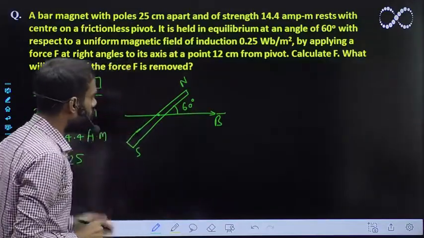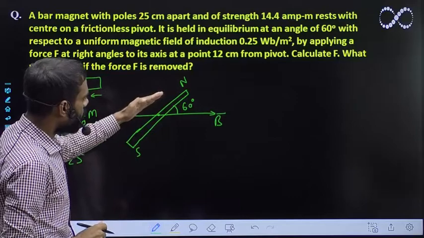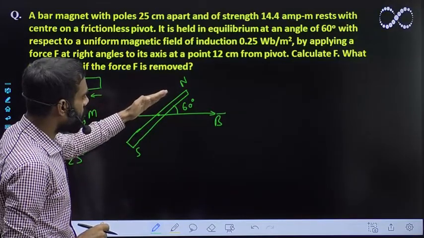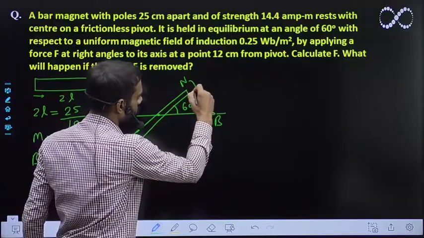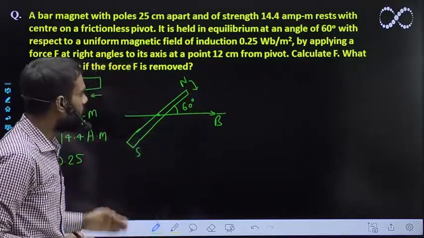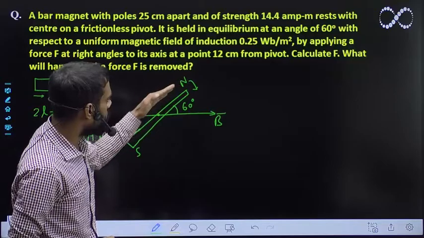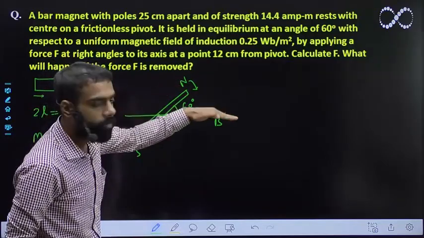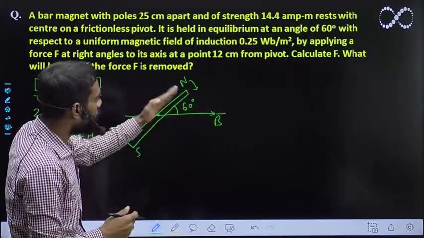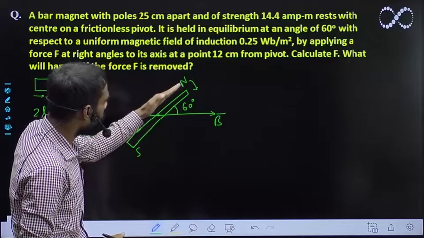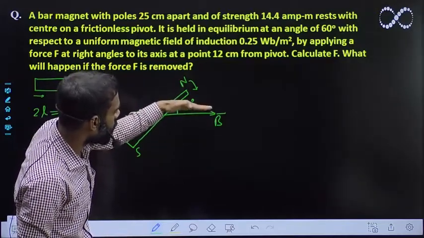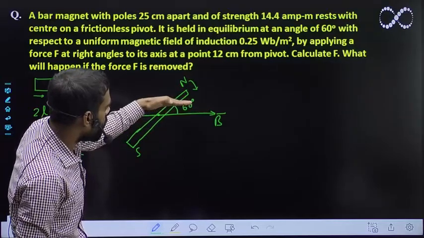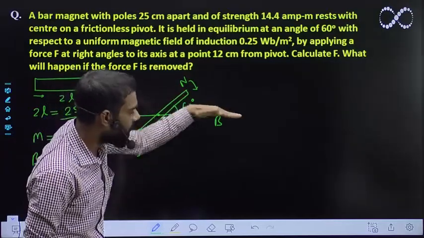As you all know, this bar magnet will try to be in stable equilibrium, because the north direction tries to align with the direction of the magnetic field. So if no force is there, the bar magnet will try to rotate in the clockwise direction and align with the magnetic field.